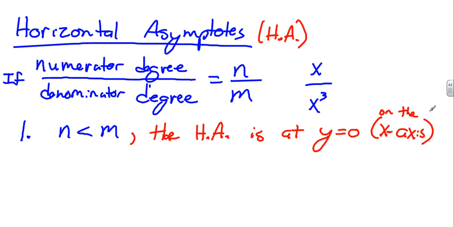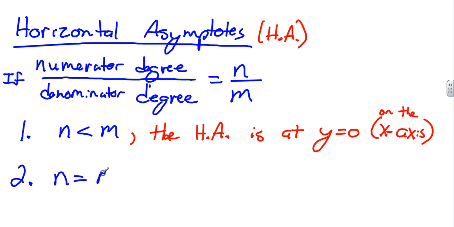Okay, so that's one of those good ones where you don't have to worry about it, because if the numerator is going to be less than the denominator, if we're doing x over x to the third, something like that, then it makes it easy. It's right on top of the x-axis. Just draw a line right on top of it, kind of like the previous problem we had.